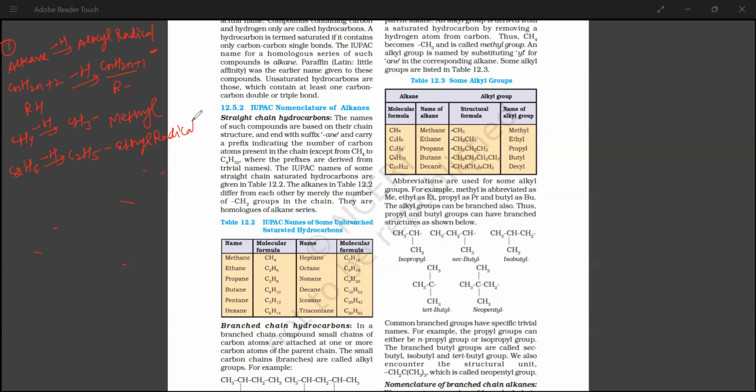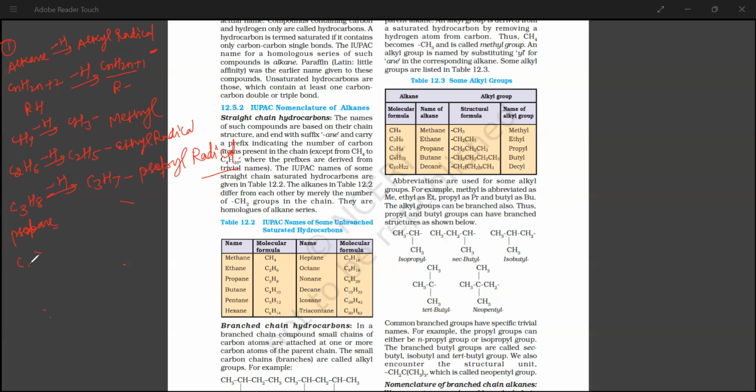Now see, if we take C3H8, that will be propane, and this propane will lose 1H, and you will get C3H7. That will be propyl radical.